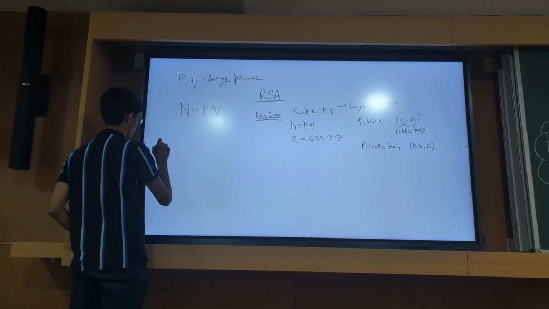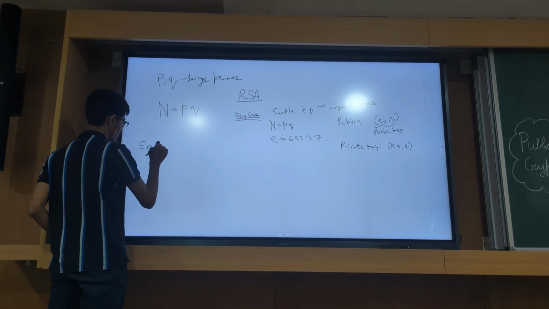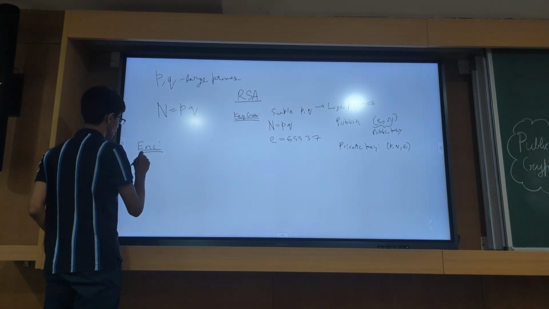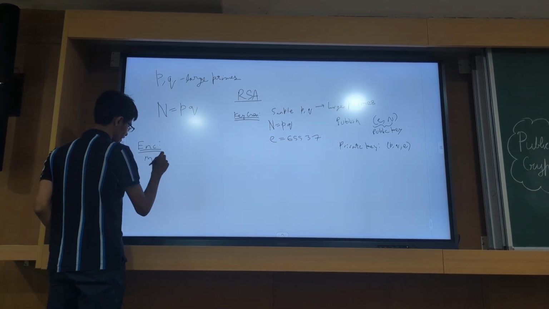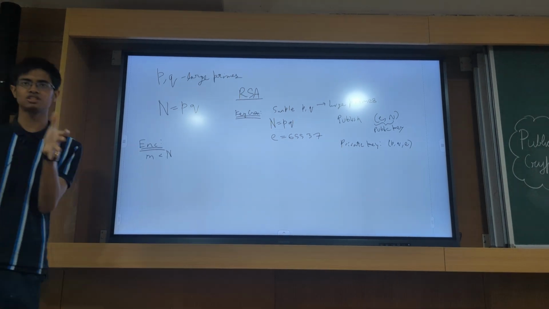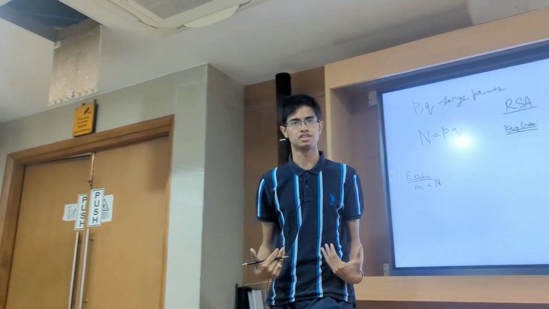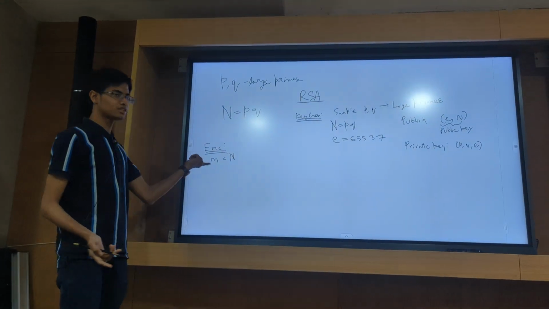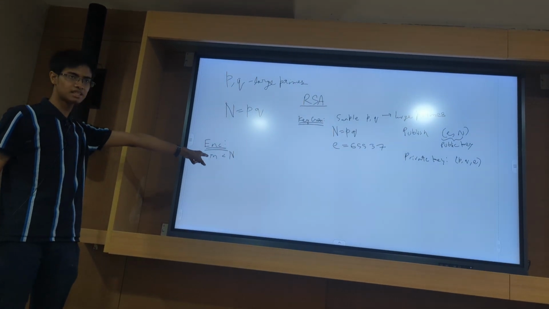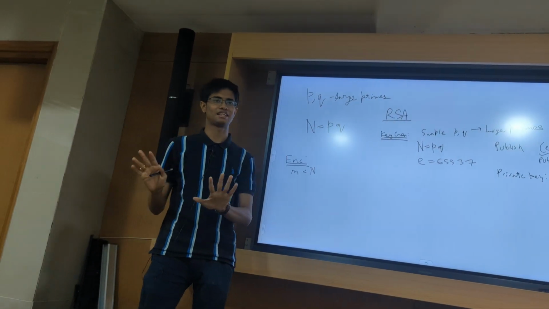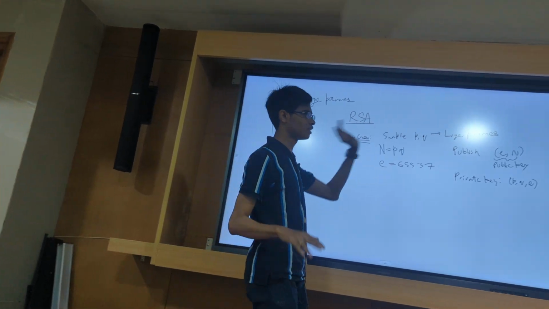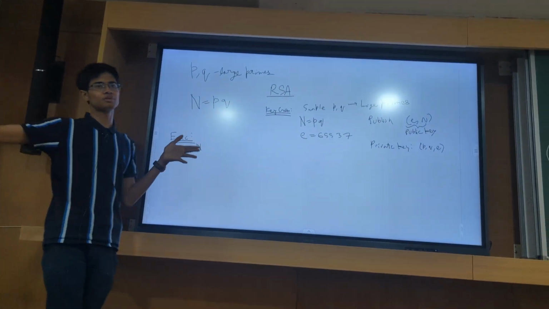So how does Alice encrypt something? First of all, Alice takes a message m. You take any message, represent it in binary, and convert that binary to an integer. The first constraint is that the message m should be less than capital N. Since p and q are large primes, N will also be a large number.